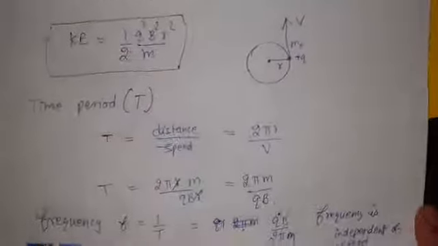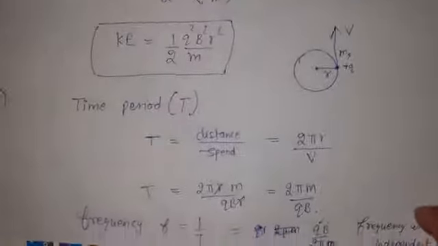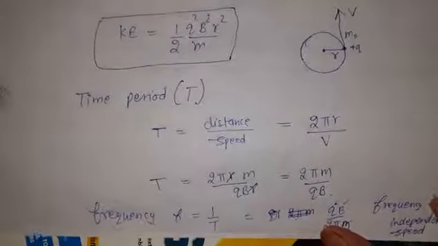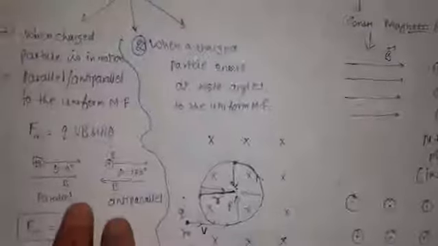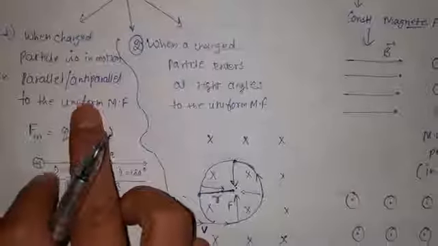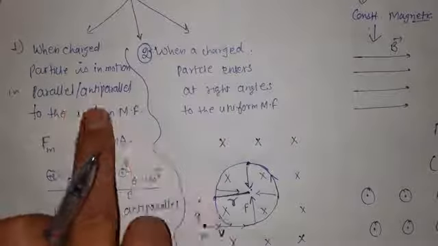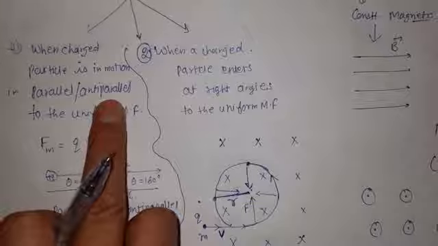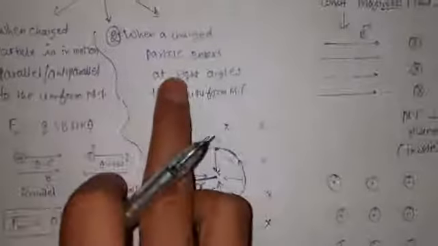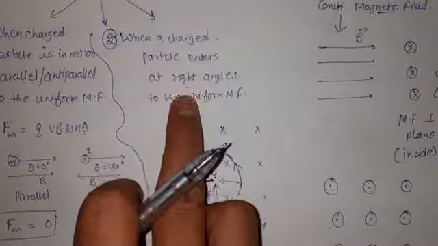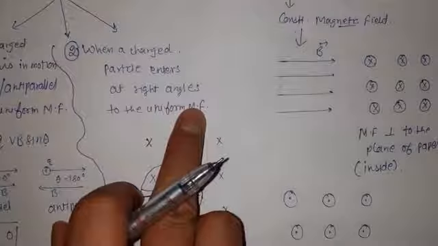Thus we come to know about the two motions performed by a moving charged particle, depending on how it enters the magnetic field. First, initially parallel or anti-parallel to the magnetic field, and second, perpendicular to the uniform magnetic field.